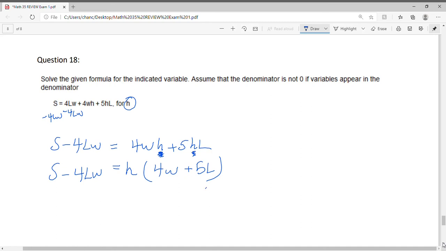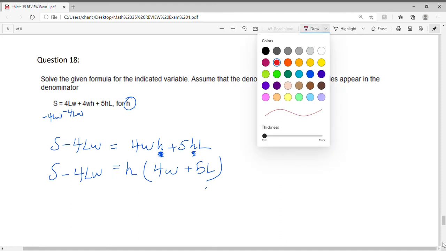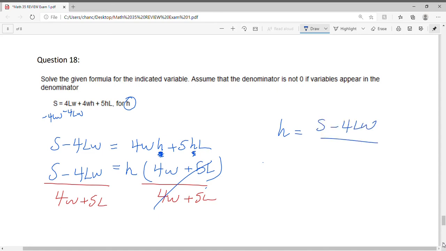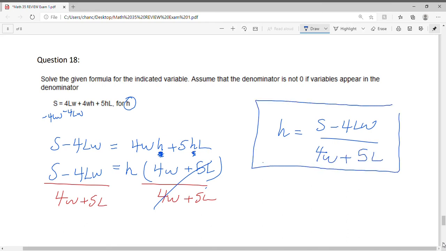So how do we get rid of 4w plus 5l? We're going to divide both sides by 4w plus 5l. And that means h is equal to this expression, s minus 4lw over 4w plus 5l. And we have solved for h.